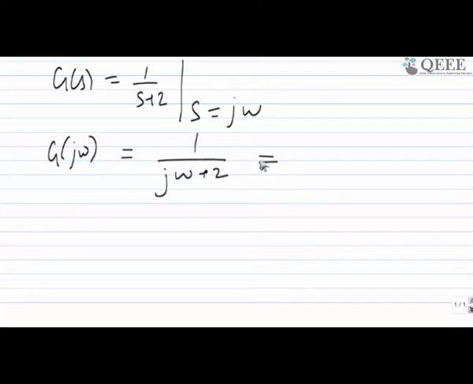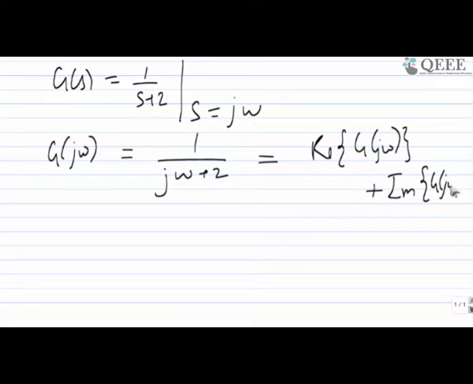So this is what we compute. You can differentiate between the real part of G(j omega) plus the imaginary part of G(j omega).